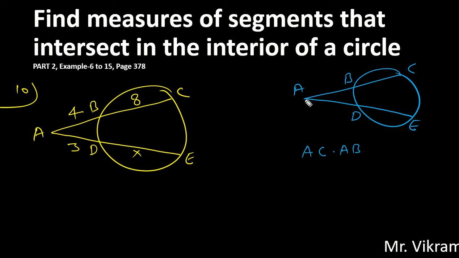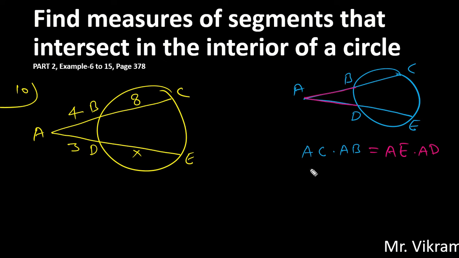So what we are doing, this complete length A to C multiply with AB is equal to AE multiply with AD. That's what you have to follow. Now this becomes very simple. So how do we solve this?